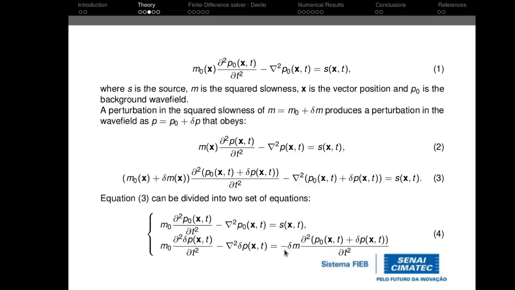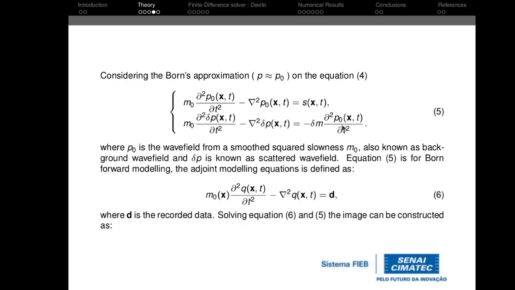So in the end, we're going to have minus delta m times the second order partial derivative of p0 with respect to time. So this is equation 5 that we have here, and this is going to be our equation to generate the shot gathers that I talked about before.